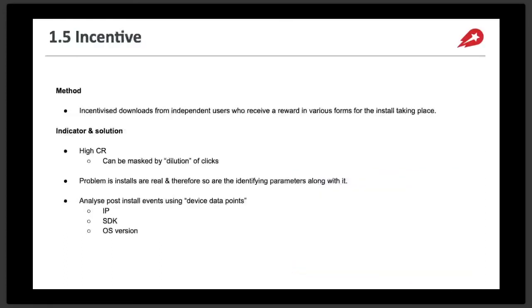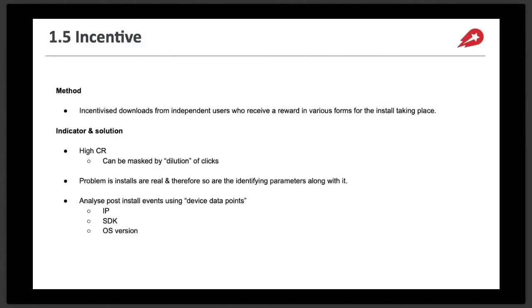And the last one is incentivized installs. This might not actually be fraudulent in the traditional sense, but when I'm running campaigns, I tend not to do incentivized installs because people don't tend to be interested in your apps. What are incentivized installs? Incentivized installs are downloads coming from users who receive an in-app reward of various forms for the installs taking place. I'm sure we're all familiar with this.